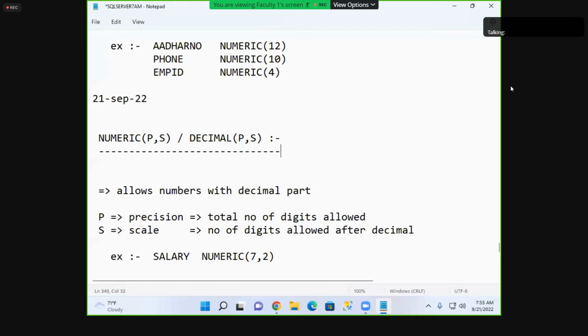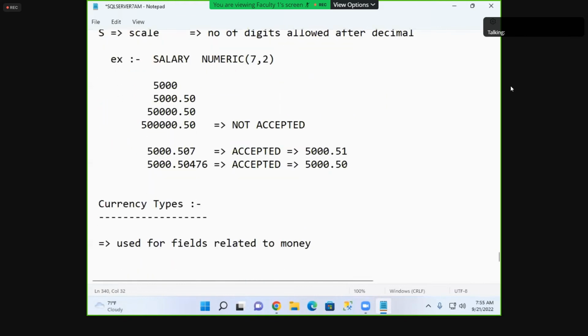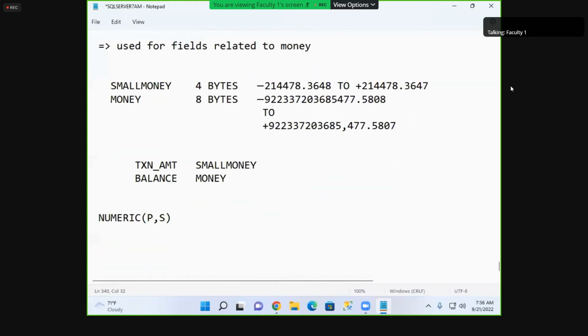For storing floats, how many types are there? Numeric(P,S), decimal(P,S), smallmoney, and money. Numeric and decimal are based on digits: how many digits before the decimal and how many after. But smallmoney and money are based on range.